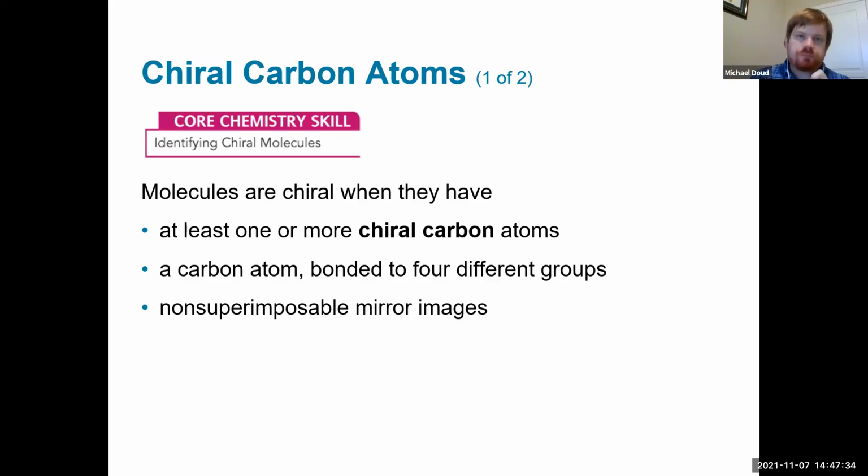To identify if a carbon is chiral, you look at that carbon and ask, what is it bonded to? Let's say it's bonded to a hydrogen. That's 1. It's then bonded to a hydroxyl group. That's 2. Then it's bonded to a methyl group. That's 3. And then it's bonded to an ethyl group. That's 4. That carbon, because it's bonded to 4 different groups, would be chiral. That's all we have to do to identify these chiral carbons.